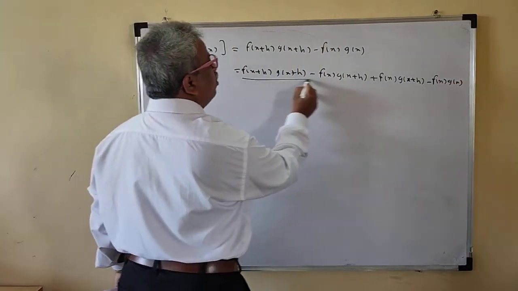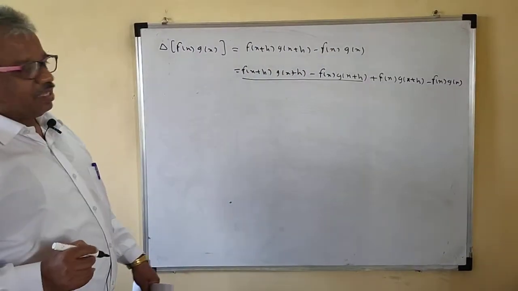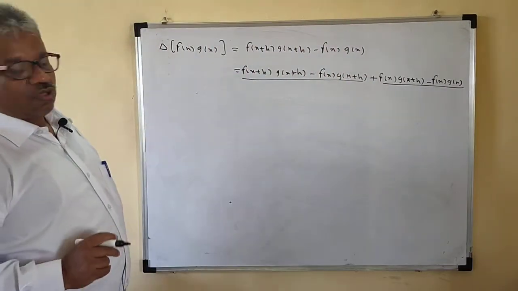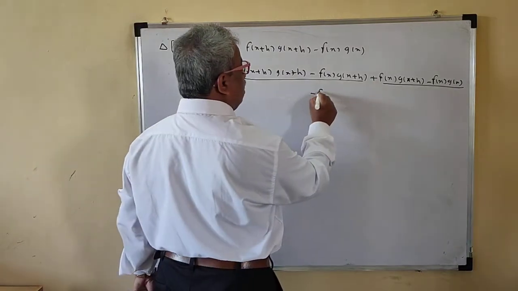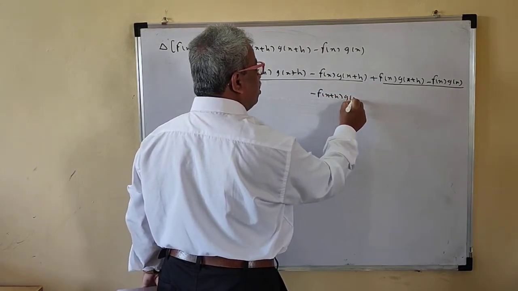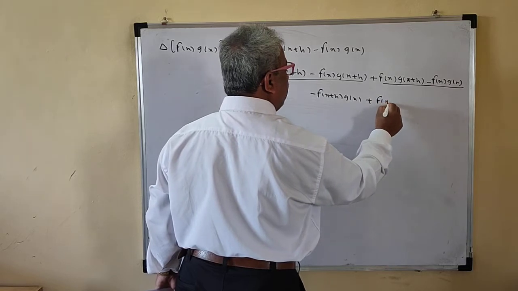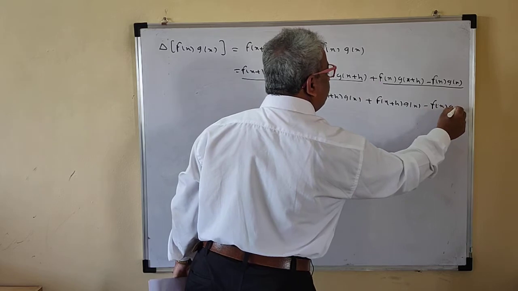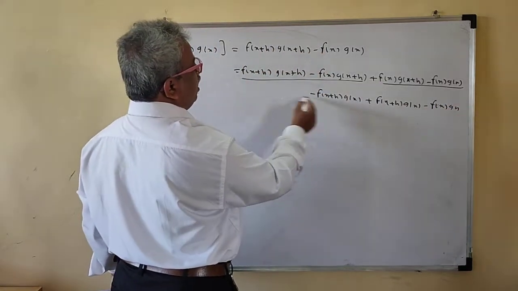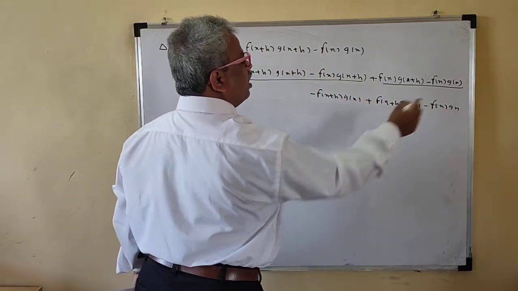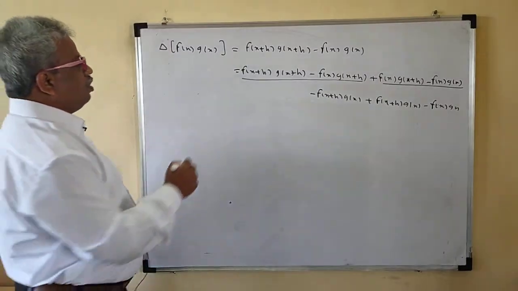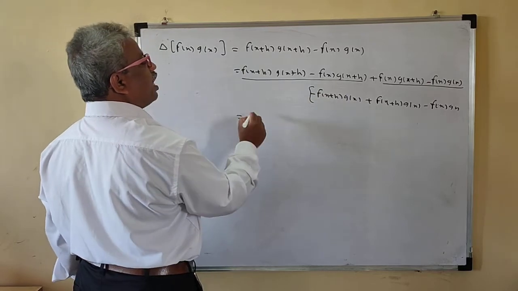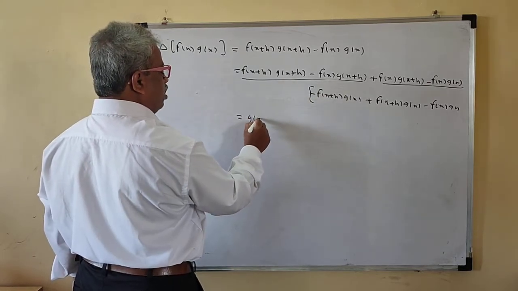Now from this term you can take g of x plus h common, and from this term you can take f of x common. This is the alternative.